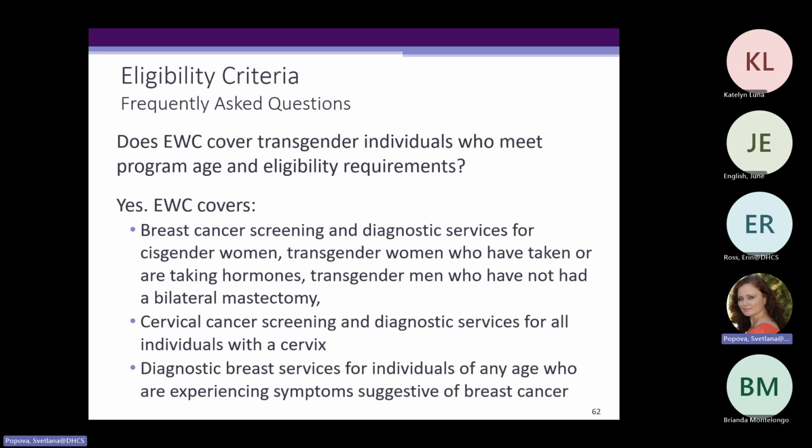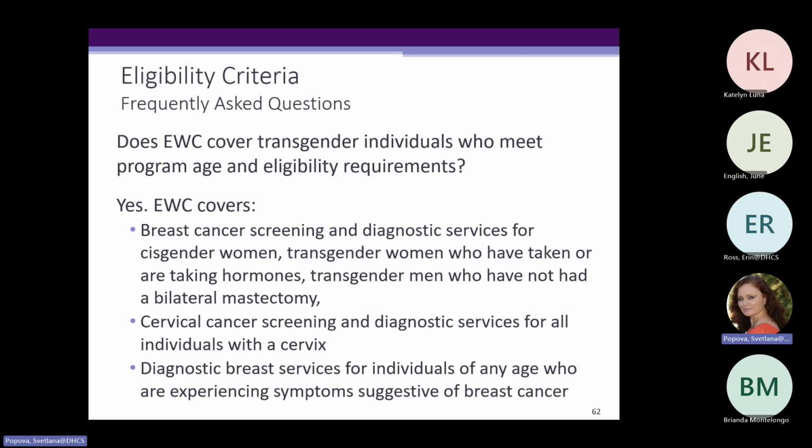Now, what about transgender men, those who were born female but transitioned to being a man? Do we screen them? Yes, if they did not have a bilateral mastectomy. A bilateral mastectomy is an operation where the entire breast tissue in the area of the breast, sometimes in the armpit, is completely removed.